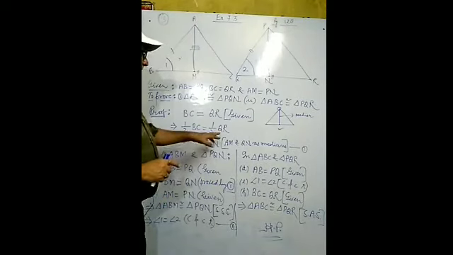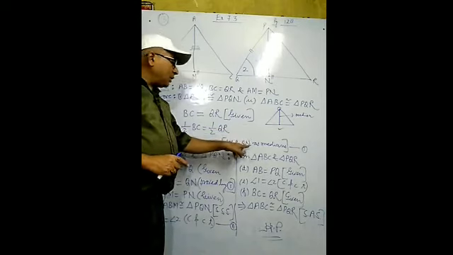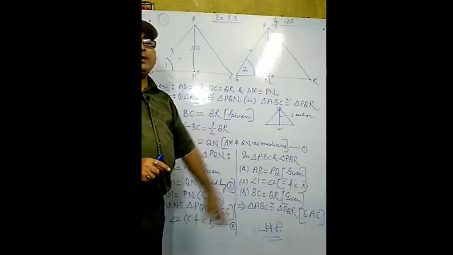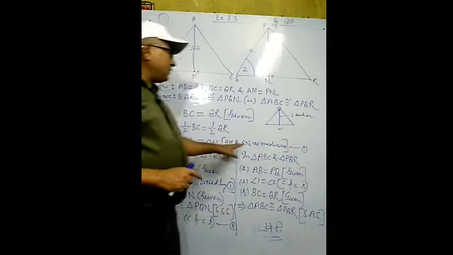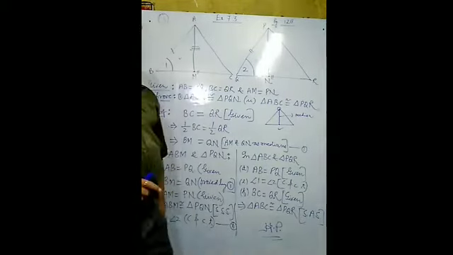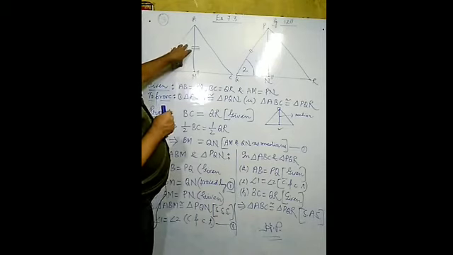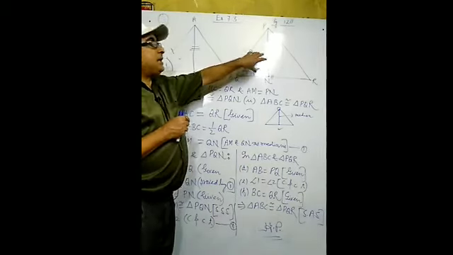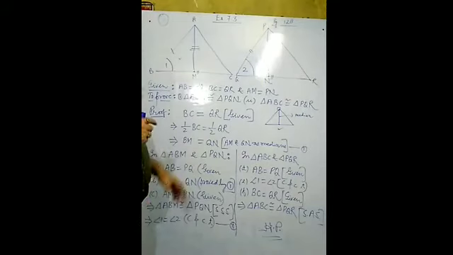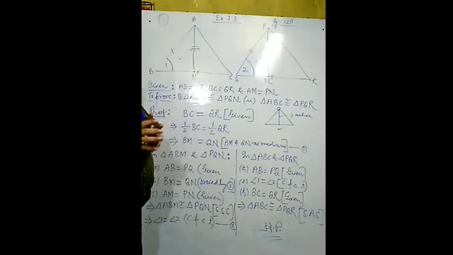Both AM and PN are playing the role of medians. This is result number 1, because this will be required while proving the matching parts of both the left hand side triangles. Now take this left hand side triangle and this other left hand side triangle. In both triangles we have to collect 3 matching parts.